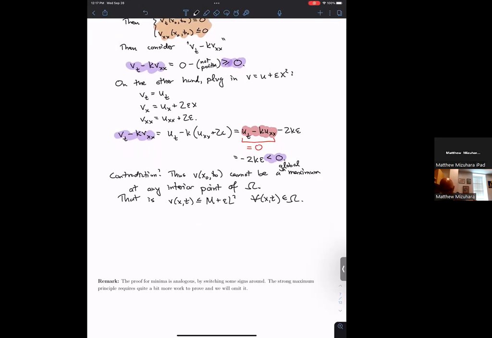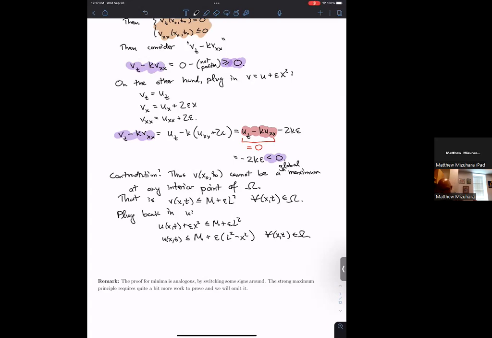Finally, plugging back in u, V was u of (x, t) plus εx² less than or equal to m plus εL². And now just for convenience, I'll rearrange to say u is less than m plus ε times (L² minus x²). Again, this is true for all points in the domain.